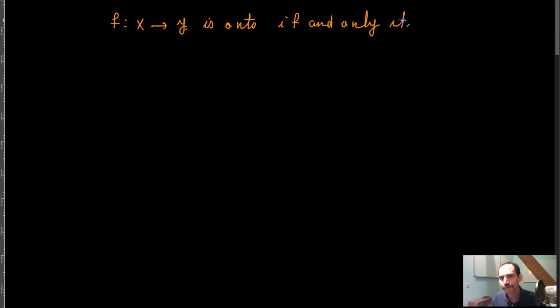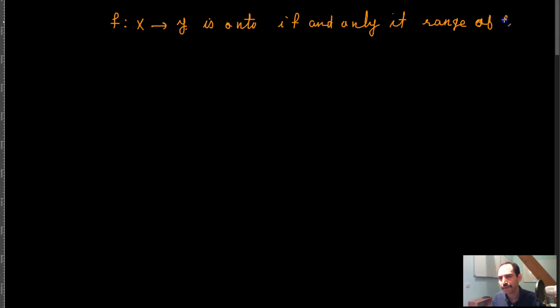So the remark that we had was that f as a function from x to y is onto if and only if the range of f is equal to y.